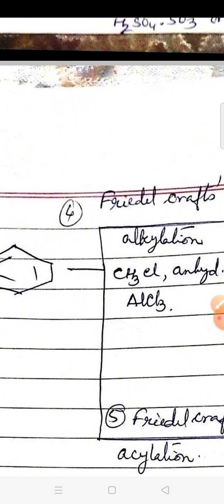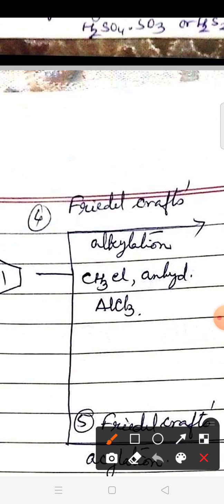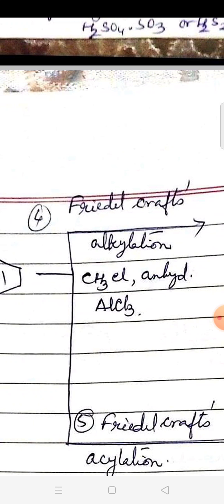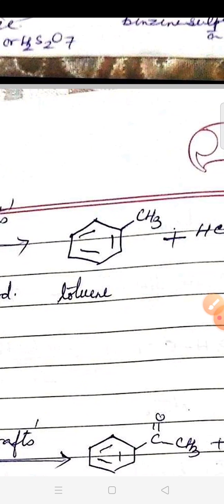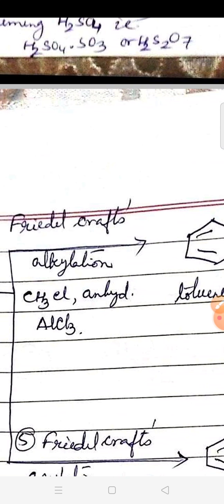So the reagent needed is haloalkane, that is CH3Cl, together with the same Lewis acid catalyst, anhydrous AlCl3. So the product which you get is, as your alkyl group is CH3 here, so you get a CH3 group here, and the name of the compound is toluene. If you want C2H5 in the side chain of the benzene ring, then you should begin with C2H5Cl or Br.